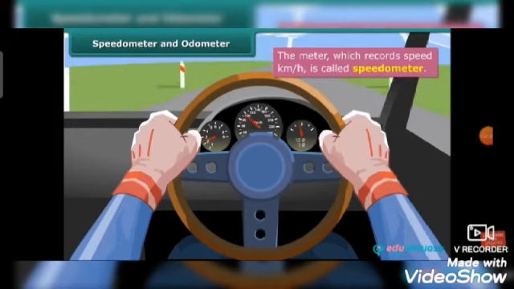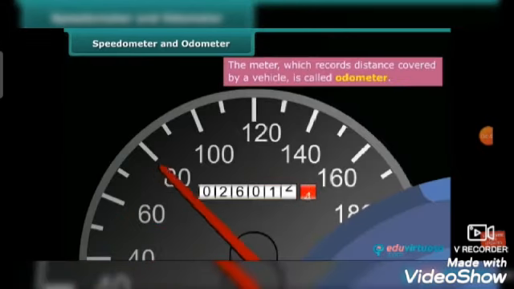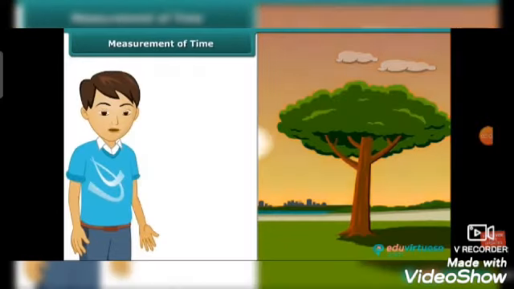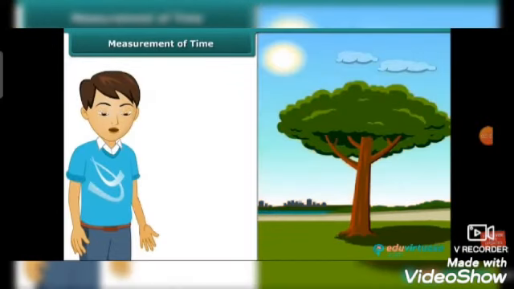When the car is running, this device shows the current speed of the car in kilometers per hour. The indicators move according to the change of speed and show the current actual speed of the car. The meter, or the rectangular space, which records only the distance covered by the vehicle, is called an odometer.